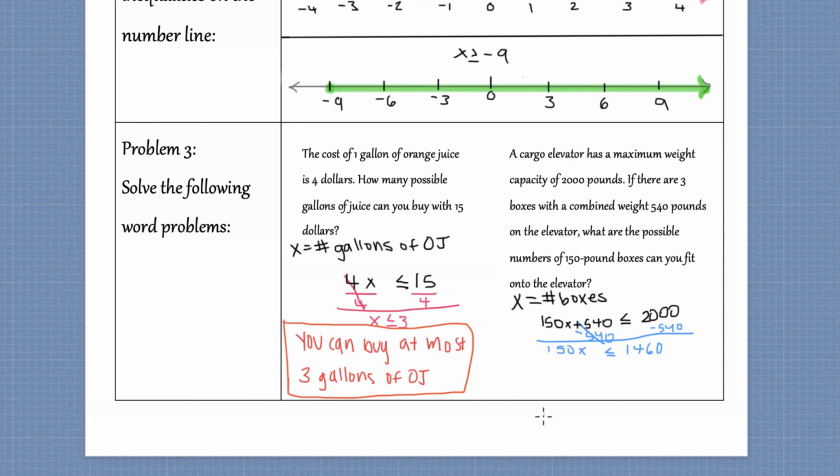Now to get this x completely alone, we're going to divide this side by 150 and we're going to divide the other side also by 150. And so we're going to get 150x divided by 150 leaves us with just x, which is going to be less than or equal to 1,460 divided by 150.